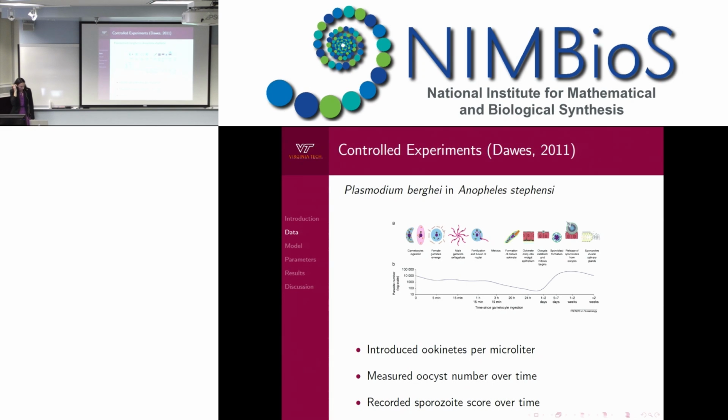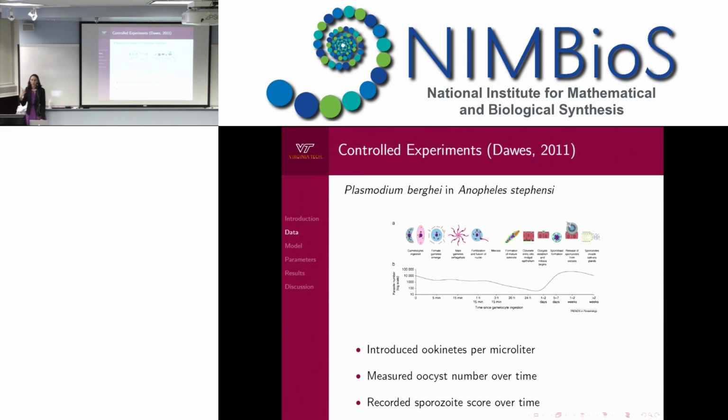So I mentioned that when we talk about malaria, we often talk about the species Plasmodium falciparum, but we're actually going to work with data that comes from Plasmodium berghei in the Anopheles stephensi mosquito. And so in sub-Saharan Africa, we're primarily thinking about transmission of Plasmodium falciparum in Anopheles gambiae mosquitoes. The reason we're using this data is a couple of things.